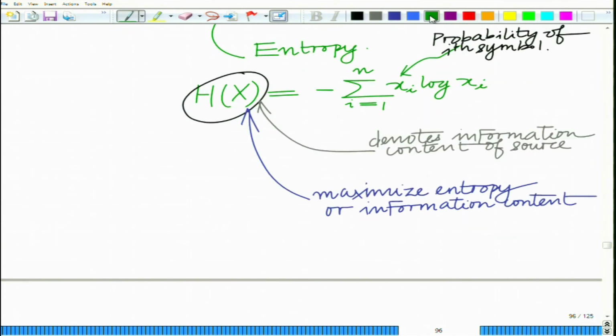This is a very important quantity in information theory, and by extension also in wireless communication and signal processing. In fact, many fields, machine learning also, since information theory has several applications in various fields. So, therefore, this quantity entropy is very important.